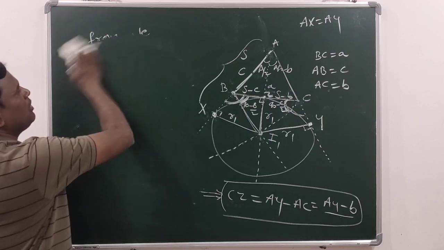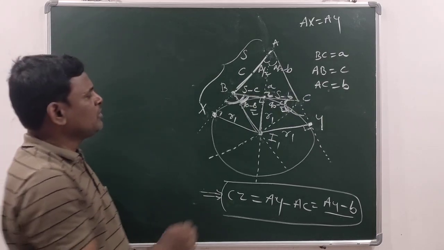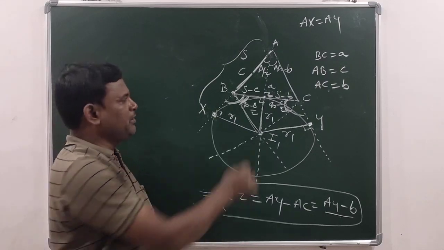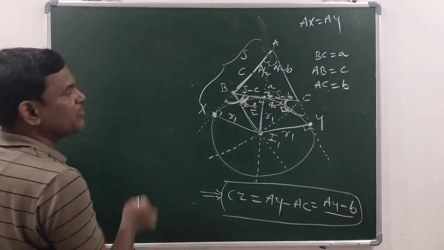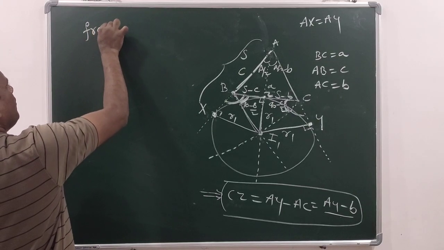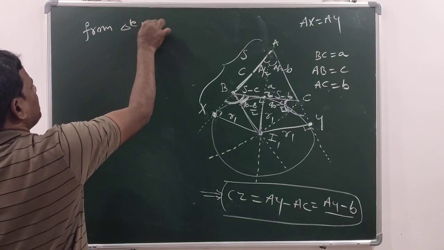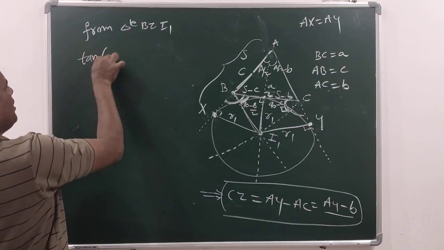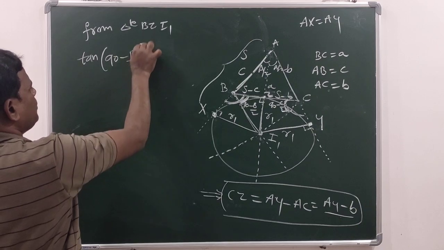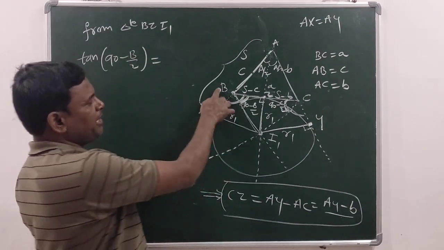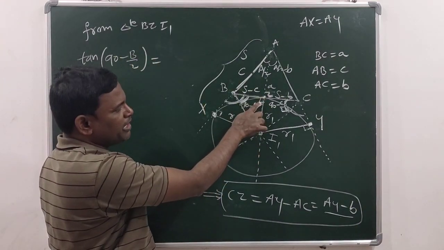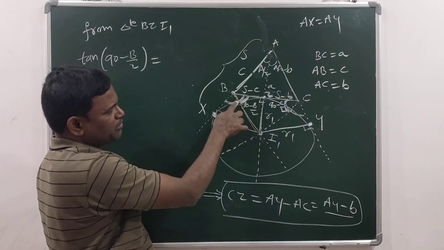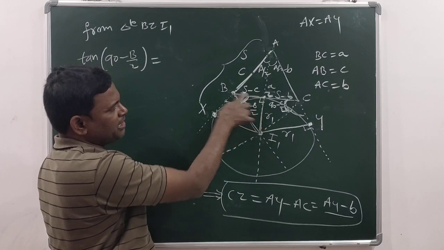So in the next step, now I would like to define, from triangle BZI1, tan 90 minus B by 2. In BZI1 triangle, right angle is formed at Z, no? Hence, this will be the hypotenuse. Now, with respect to this angle, this will be the opposite, this will be the adjacent.